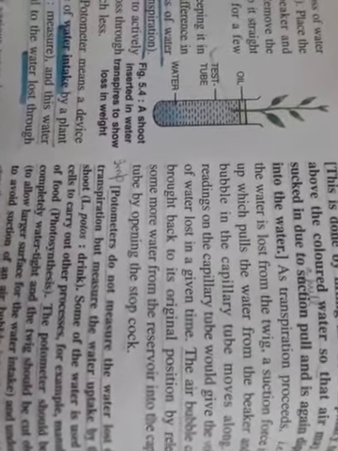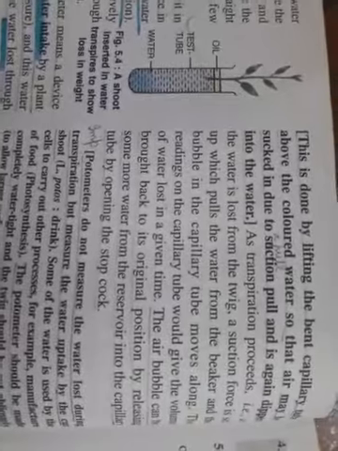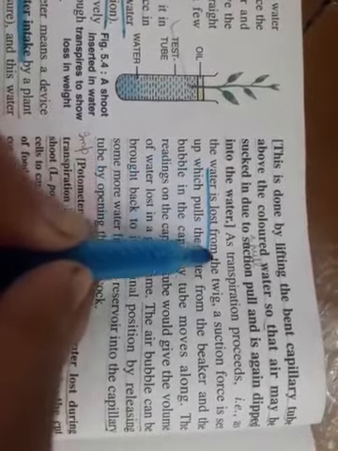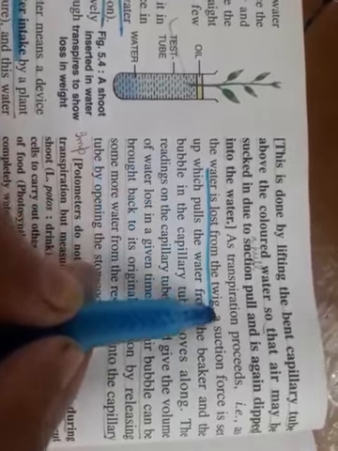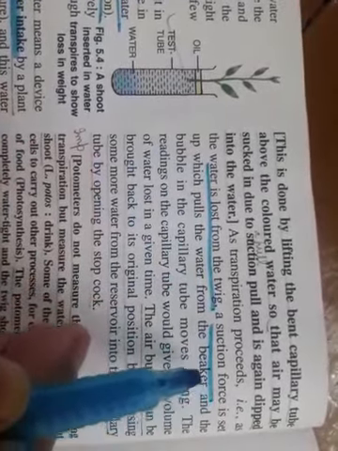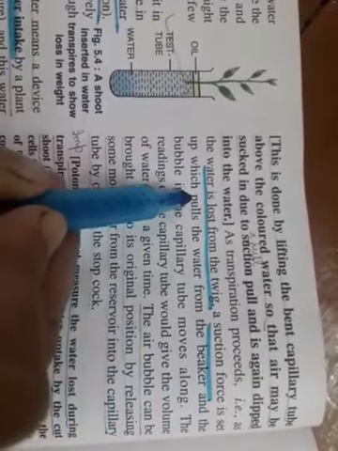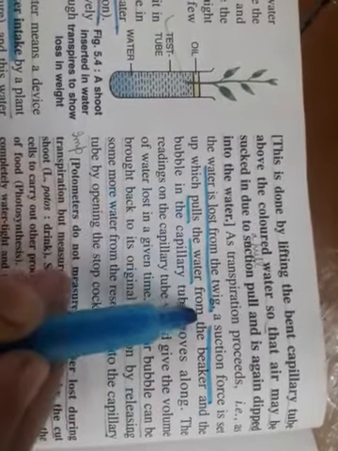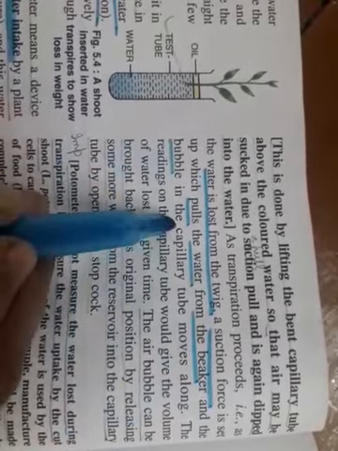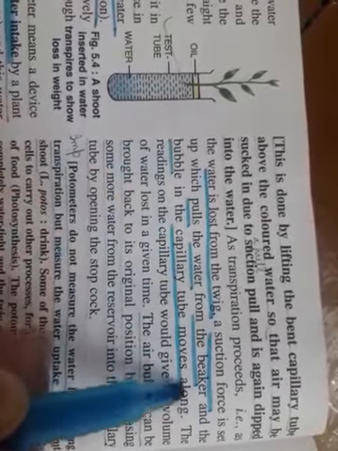As transpiration occurs, you see the water is lost from the twig and a suction force pulls the water from the beaker and the air bubble in the capillary tube moves along.